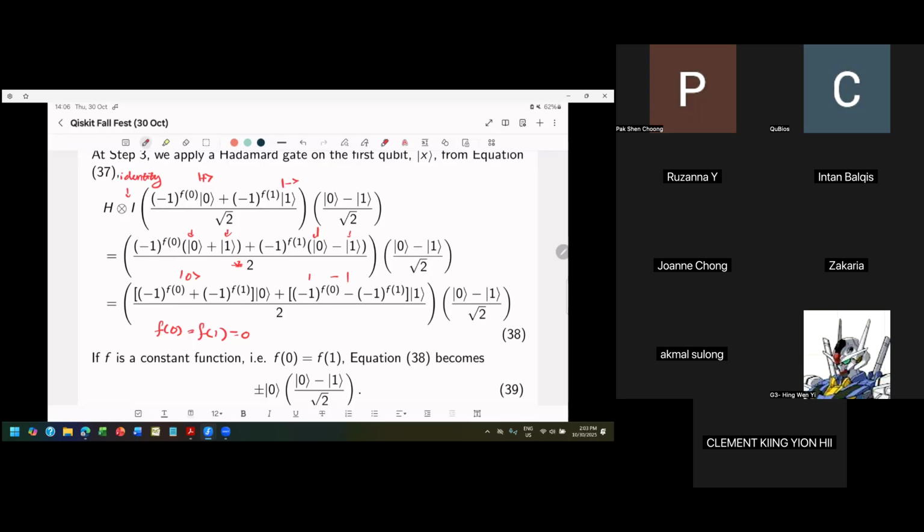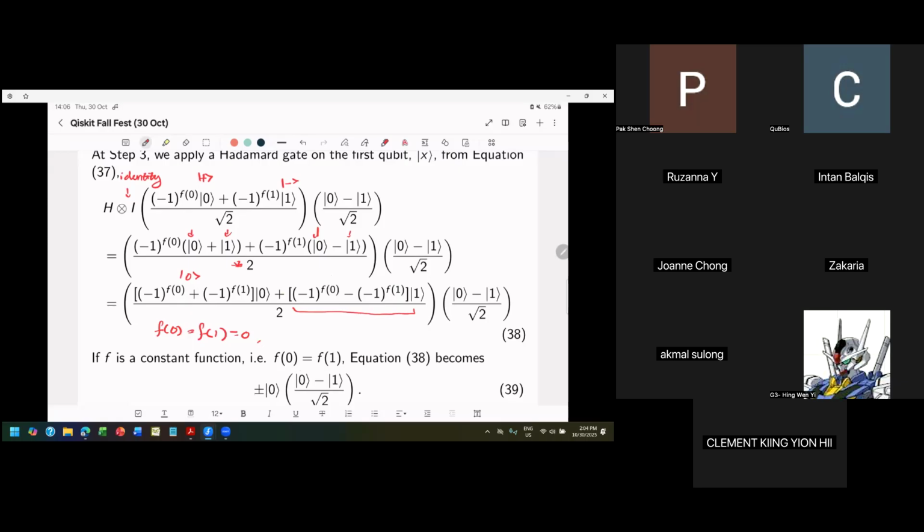That means this term totally cancels off, right? Try to substitute f0 equals f1 equals 0, and you should see that the second term over here cancels off. You're only left with 0 plus 1... actually 0 minus 1 divided by square root 2.